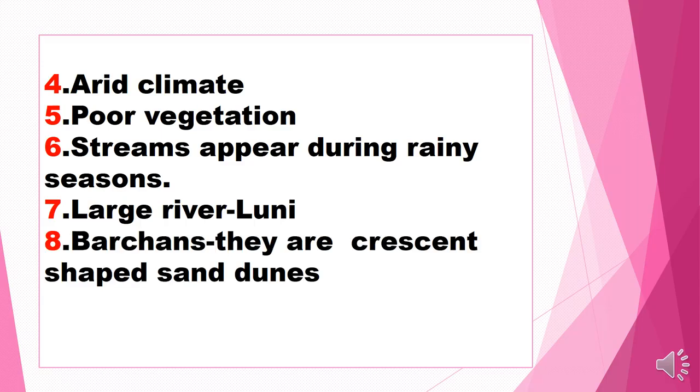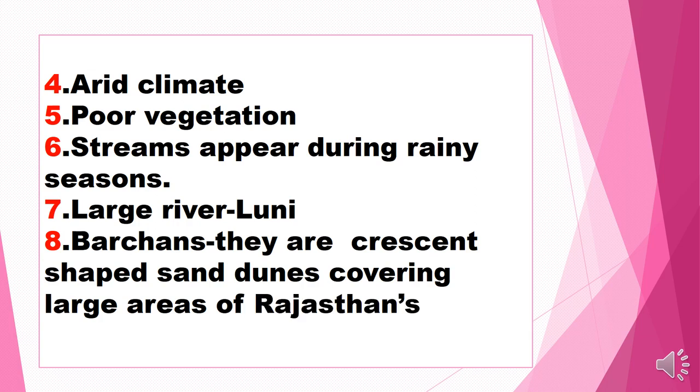In the desert area, streams appear only in the rainy season because they do not have enough water to reach any sea or ocean. The only large river that flows in Rajasthan is the Luni river. There are also barkhans found in Rajasthan because many sand dunes are found there. Barkhans are crescent-shaped sand dunes, mostly found near the Indo-Pakistan border near Jaisalmer.